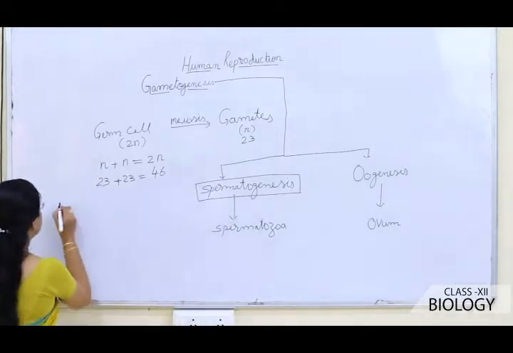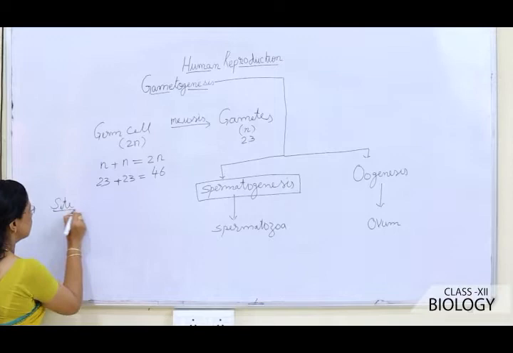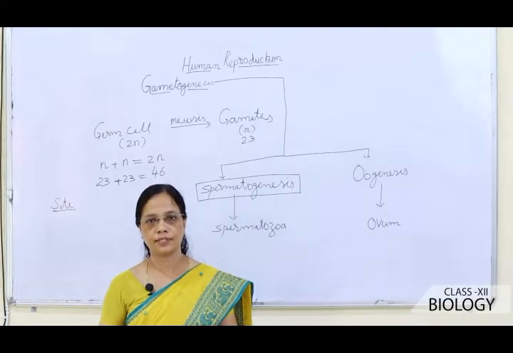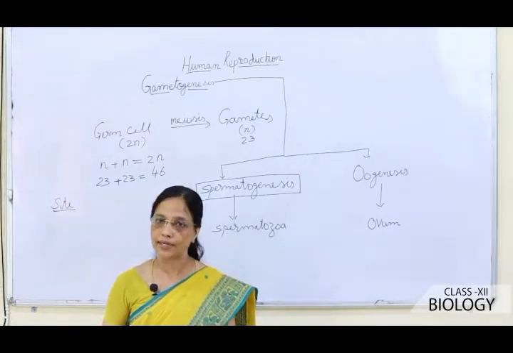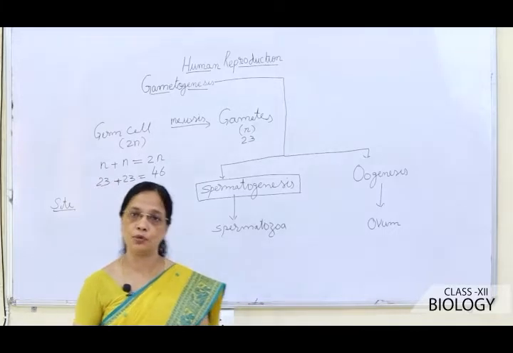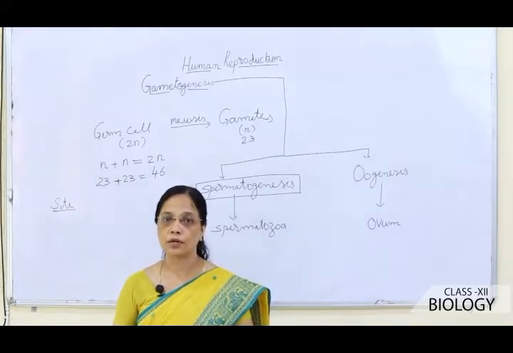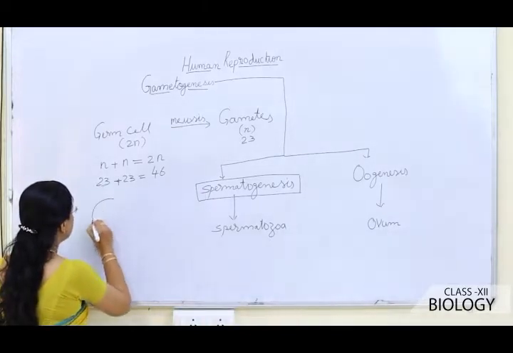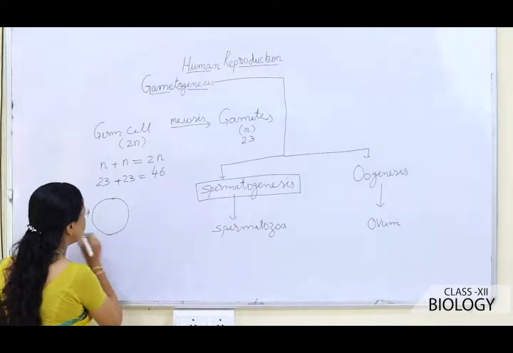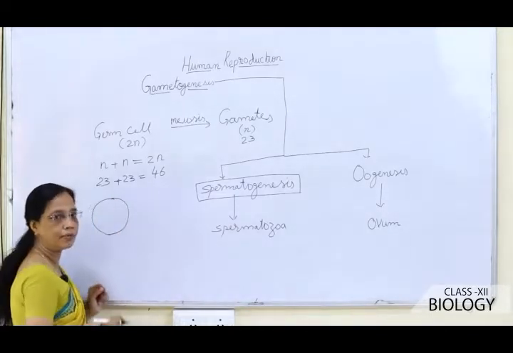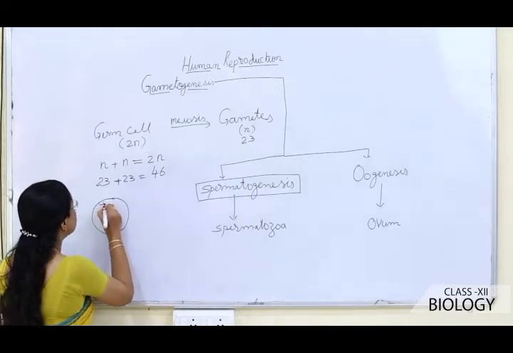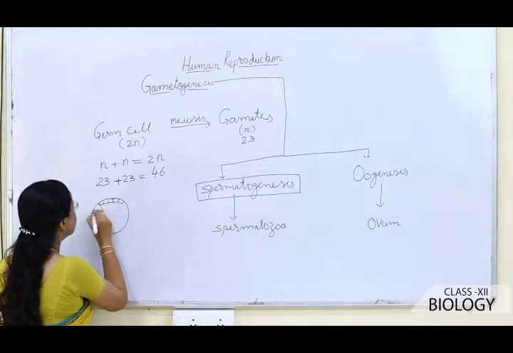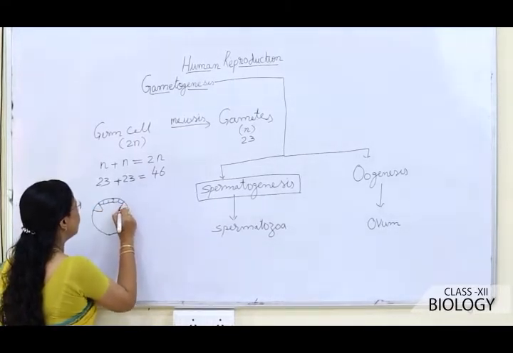First of all we will see where spermatogenesis takes place, the site of spermatogenesis. We have studied in the male reproductive system the seminiferous tubule. It is located inside the testicular lobule, which is present inside the testis. This is the transverse section of the seminiferous tubule, which is lined by germinal epithelium. Two types of cells you can see here, cuboidal cells and pyramidal cells.